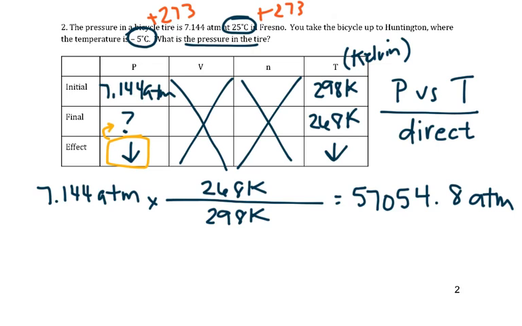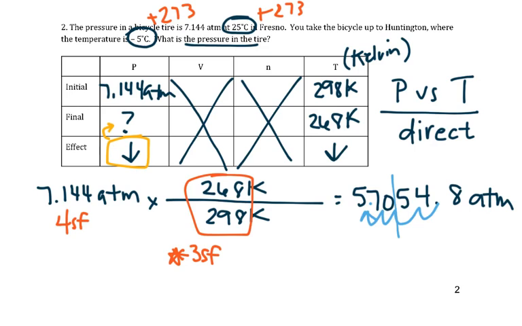So now again, go back to your sig figs. The initial pressure has 4 sig figs, and both of your temperatures that are being used have 3 sig figs. So for the final answer, you always want to use the least number of sig figs. So we also need to move that decimal over, and then we only need 3 sig figs, so we'll cut our number there.